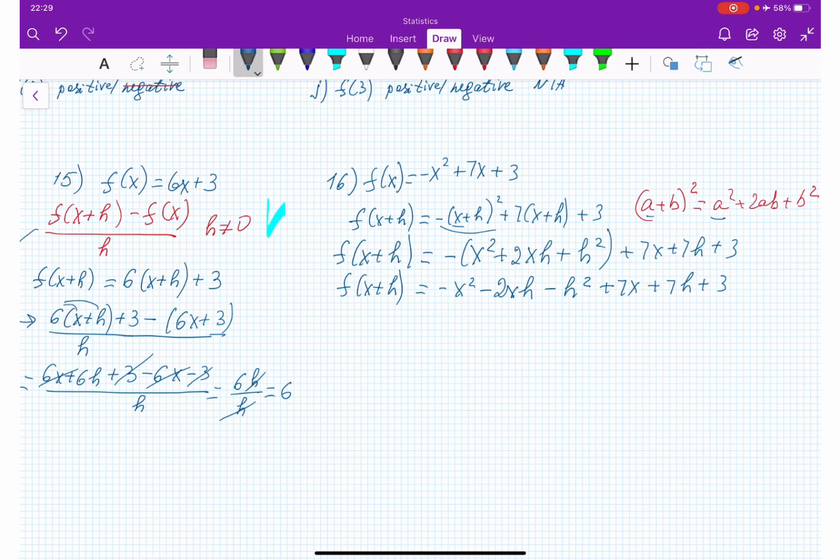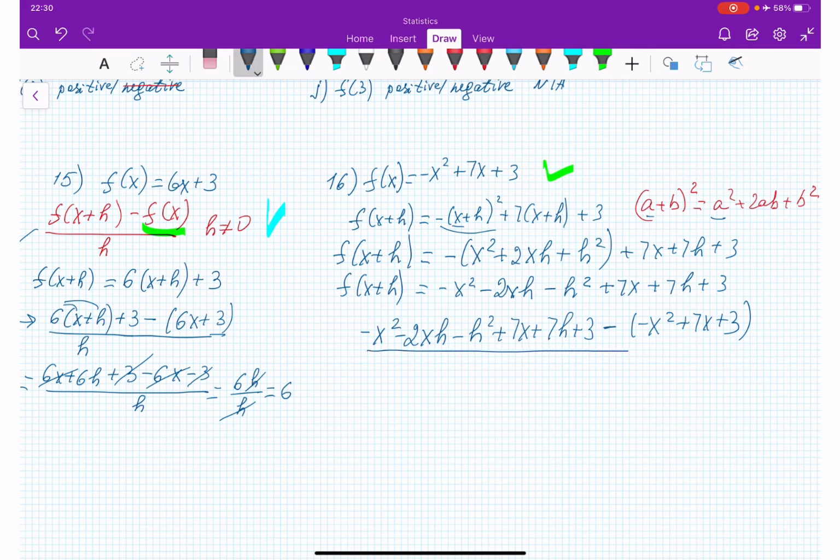So f of x plus h, which is this one, negative x squared minus 2xh minus h squared plus 7x plus 7h plus 3. And doing minus, I have here minus f of x, right? So it's going to be minus negative x squared plus 7x plus 3. This original one, right? We plug in. Okay, and all this we divide by h.